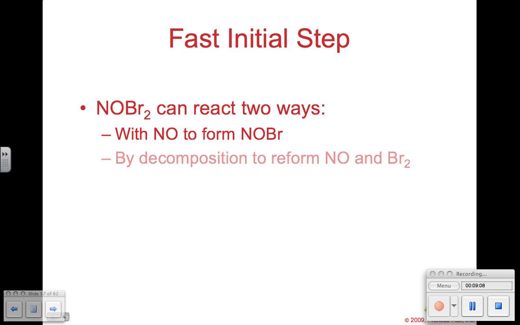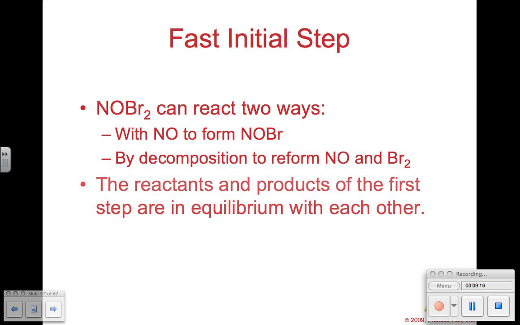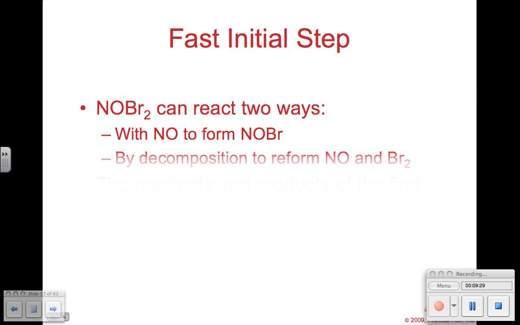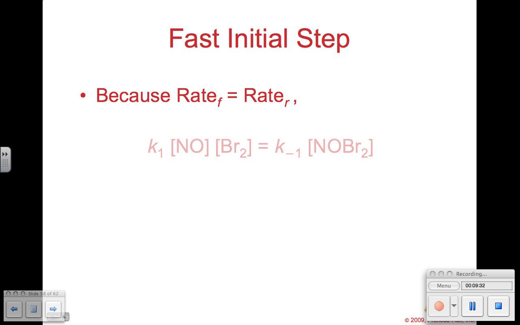And so what we can do is look at the relationship between NO and Br2 in the beginning step. Since the reactants and products of the first step are in equilibrium, the forward rate is equal to the reverse rate. So what we can do is make those equal to each other.